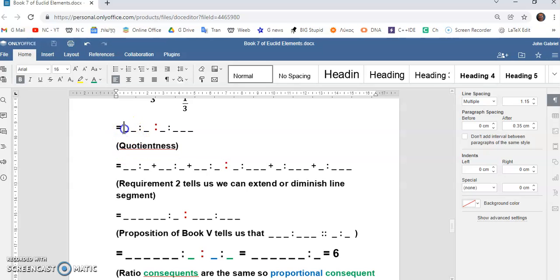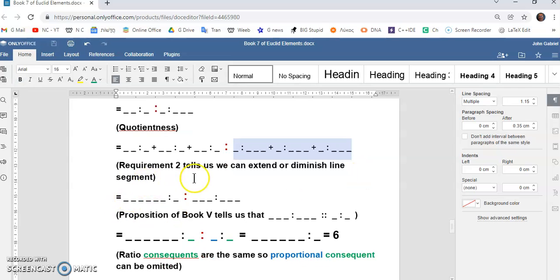Okay, so we can add this 3 times to itself, and that's what we do here, and add this 3 times to itself, again through which proposition? That's right, proposition 12. Okay, and so requirement 2 tells us that we can extend or diminish line segments, so there's nothing fancy about this operation here, except that we're just extending this line segment with this much 3 times, okay? 2 times actually, to give us this, okay?